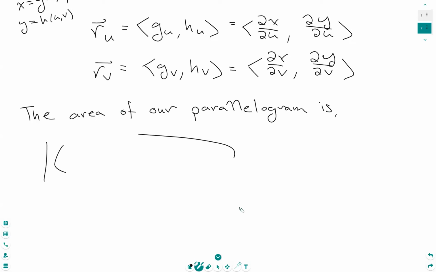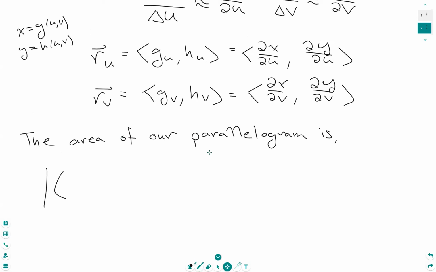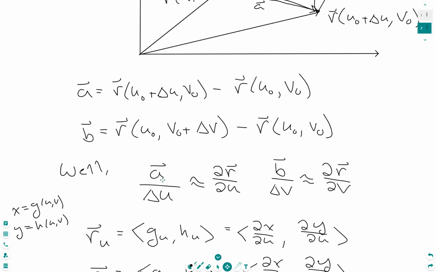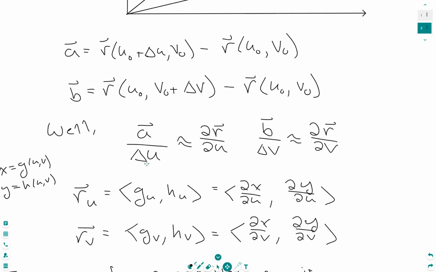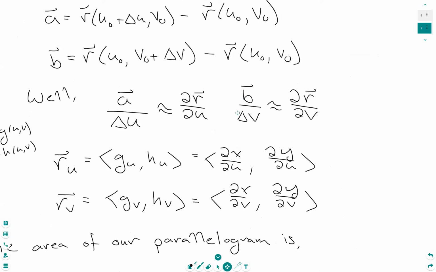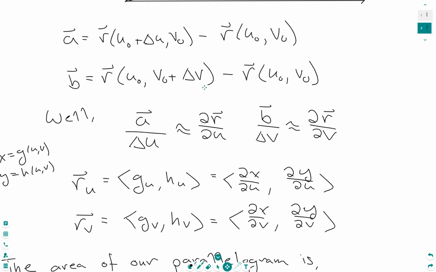So let me back up here for a second. We have that A is approximately the change in u times the derivative with respect to u, and B is approximately the change in v times this derivative with respect to v. All we're doing is just multiplying over these denominators, right?